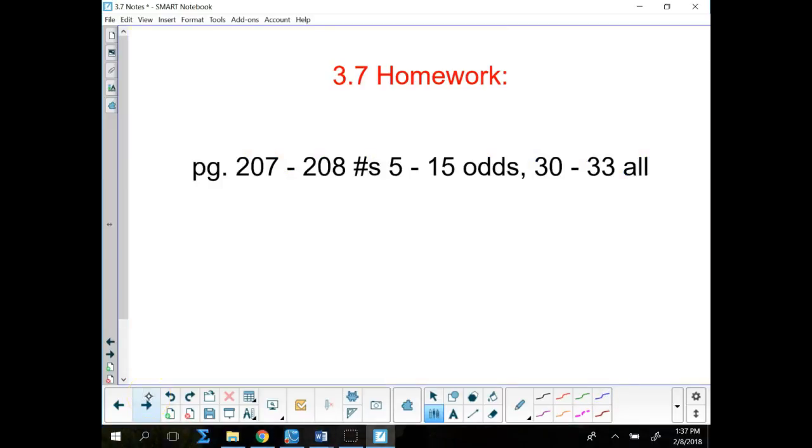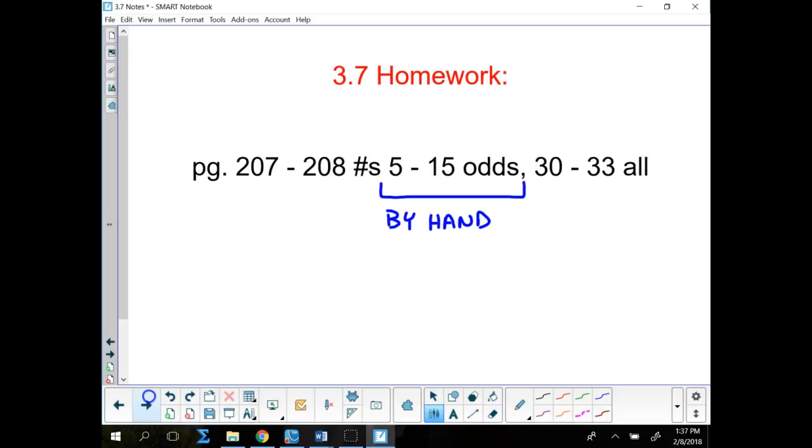Again, same homework as yesterday. Again, I ask that you do the first, what did I say yesterday, 6 problems or so? All of those by hand. If you want to use a calculator on the last 4 problems, that's fine.